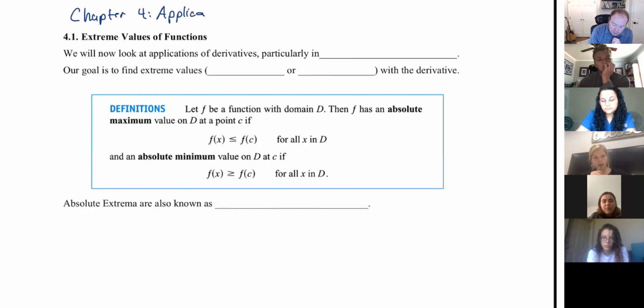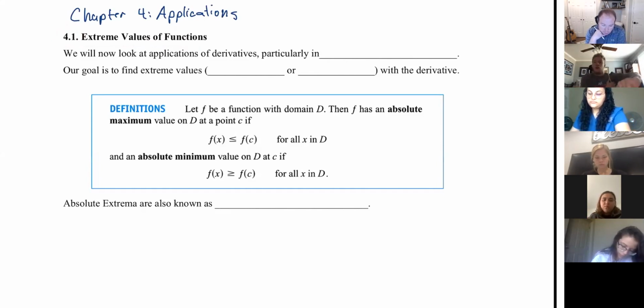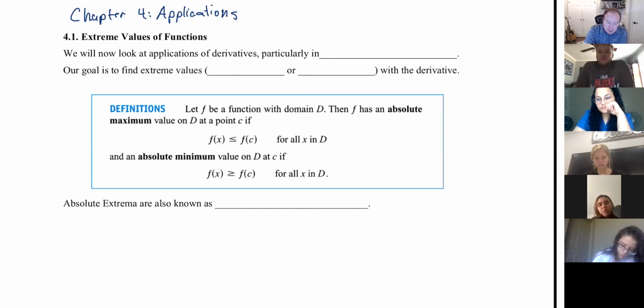The main application we really already started to look at was with min and max, so finding extreme values. So we've actually done a lot of the work to understand today's lesson. We're just going to make it formal and really look at a few specific things that are interesting in terms of things that will always happen and in terms of making sure we have the terminology.